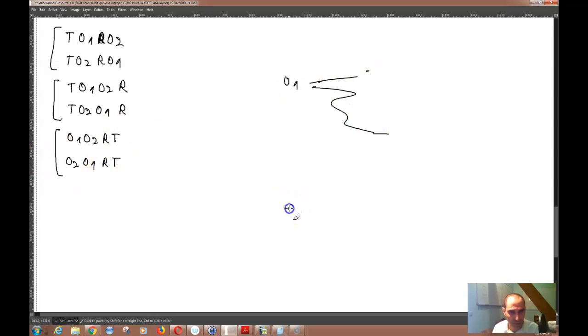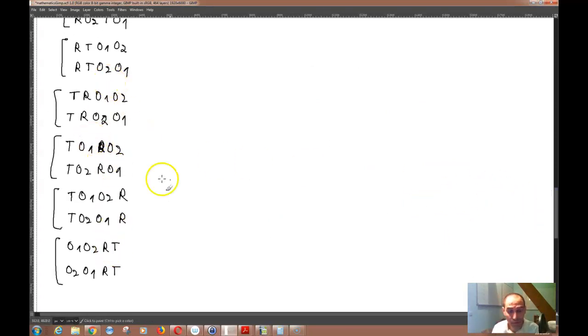To get this result you have to start with O2 and do the whole process related to O2, and then you have to keep them and put them together like that. And the same applies to almost every other one of these that I have written over here.